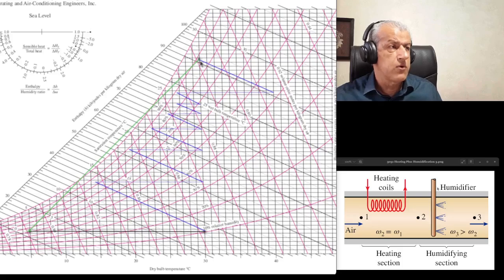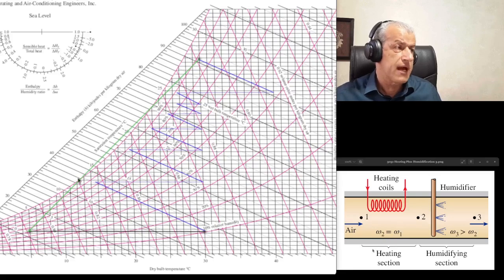Now, the other alternative is when we have point 1 and point 3, and we just mix heating and adding water. As you see, that would follow the green line. And that doesn't work either, because right in the middle of the way, it goes somewhere out of the psychrometric chart, and it would be too humid.